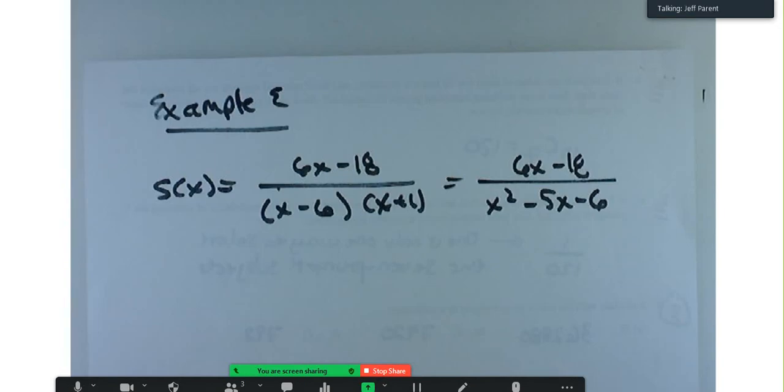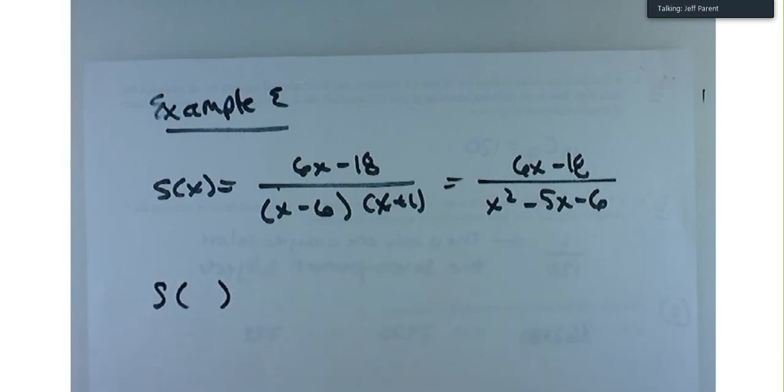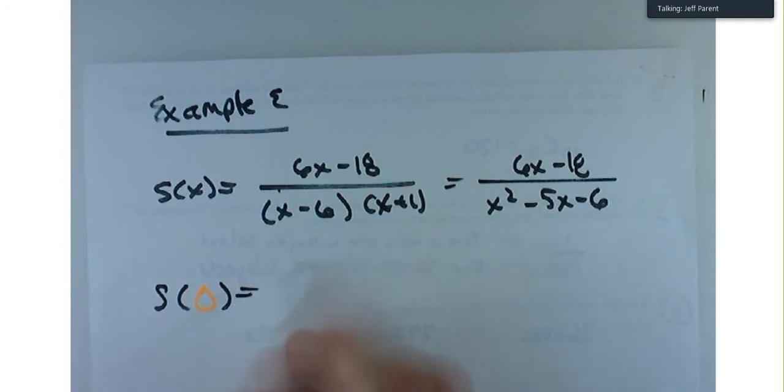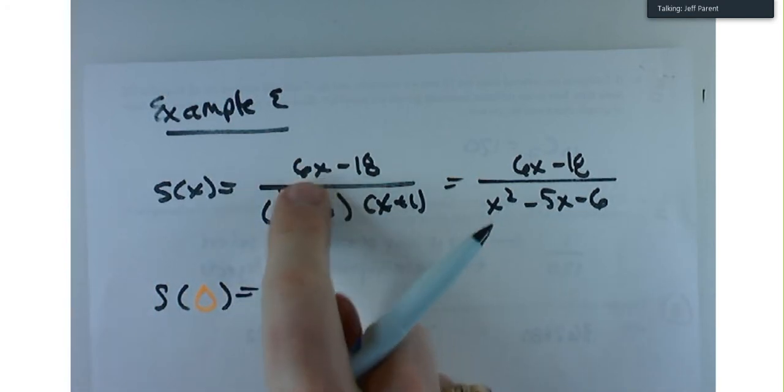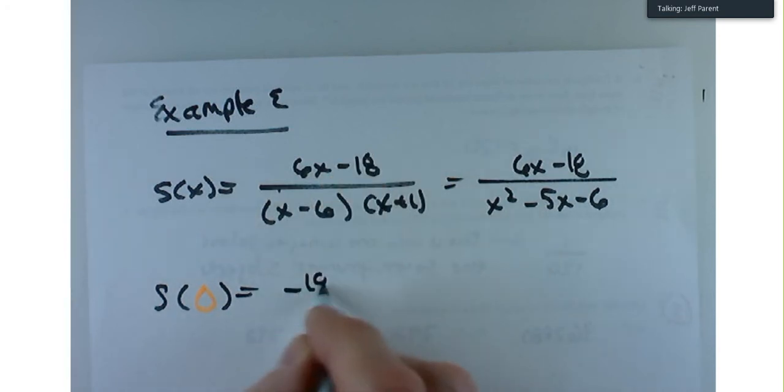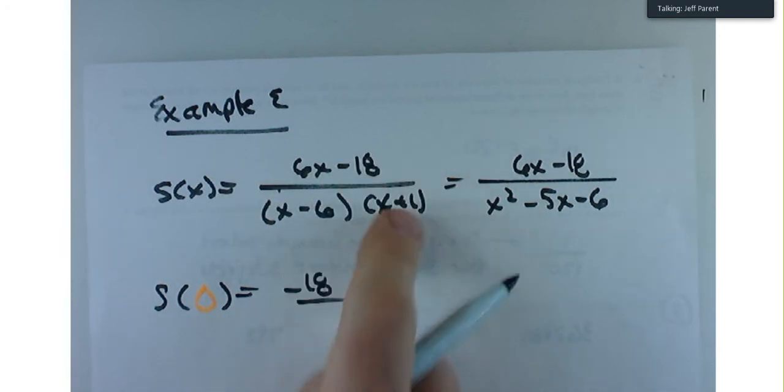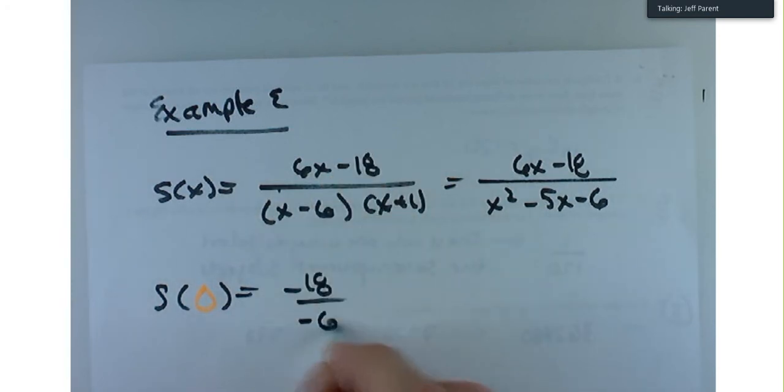What else can we do? We can set x equal to 0, s of 0. 0 is going to kill that term, so I'm going to be left with negative 18 over negative 6 times 1, which is negative 6. So s of 0 should be 3. That's going to be your y-intercept. When you set x equal to 0, you get the y-intercept.